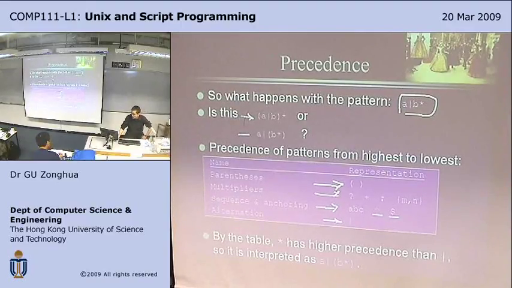Therefore, star has higher precedence than the vertical bar, so this is the correct interpretation of that pattern. This means either A or zero or more B's.